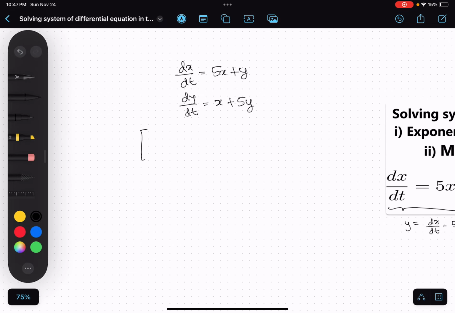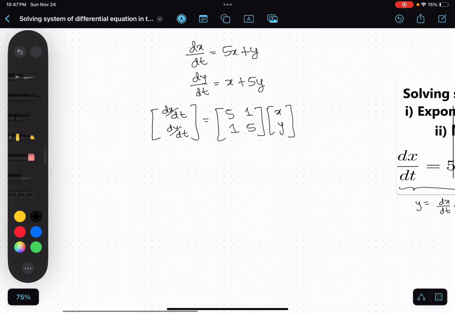We'll write dx by dt, dy by dt as the matrix 5 1, 1 5 times x y, right? You can write it in this form, we have always been doing this.